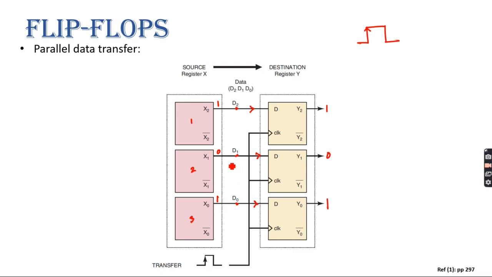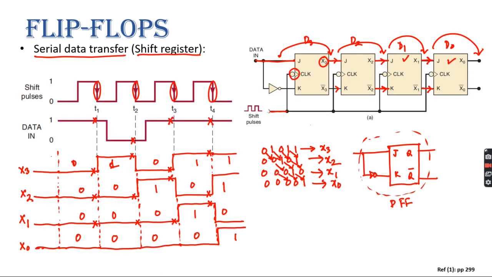Since there are 3 channels, you can transfer 3 bits at a time. But here there is only 1 channel, so you can transfer 1 bit at a time. And as you put more and more negative edges, 1 bit will be shifted from one flip-flop to another one. You got my point, right?